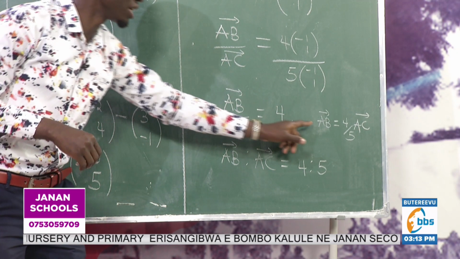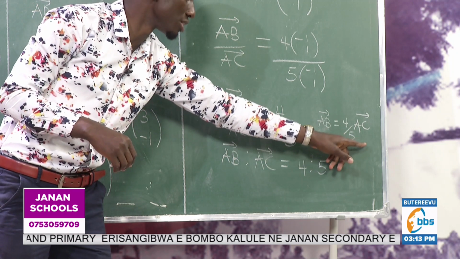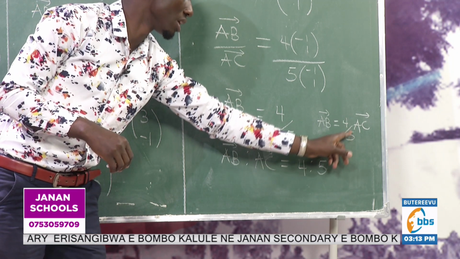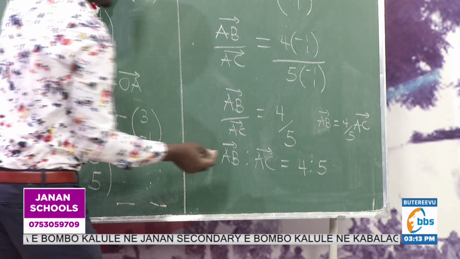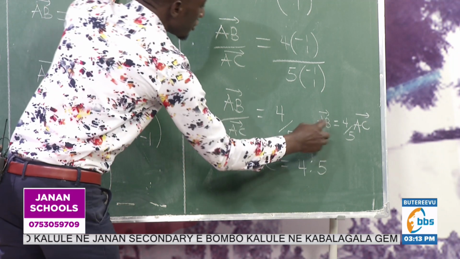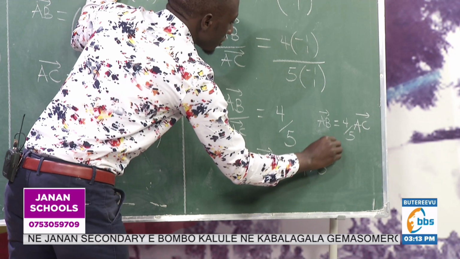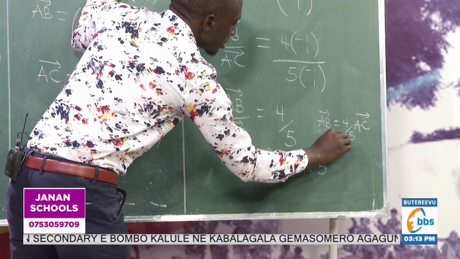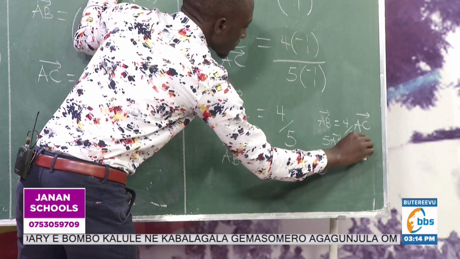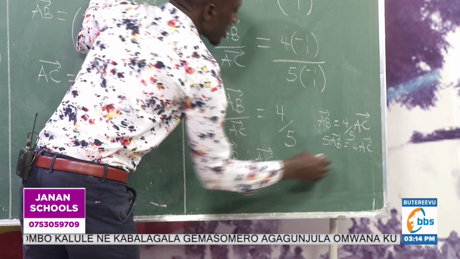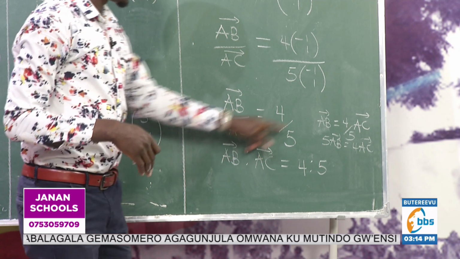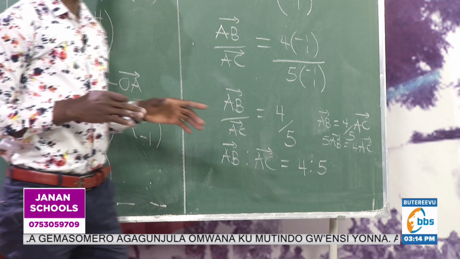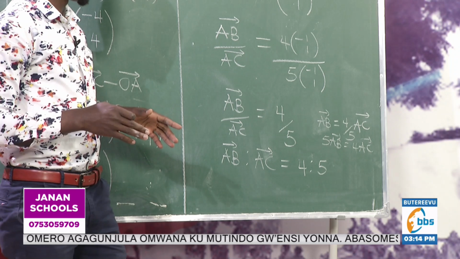Even if I say AB equals 4 out of 5 SC, it means the constant is here and they are parallel vectors. Another person can multiply by 5 here, and we also have 5AB. We need to understand all these things. They mean the same thing. We just need to know how to express them. All of them are giving us the same information.